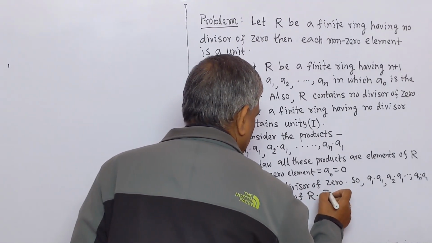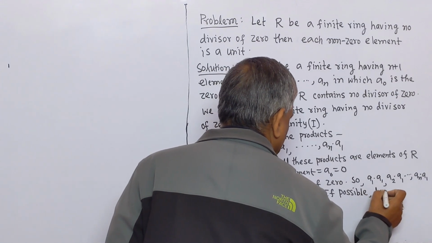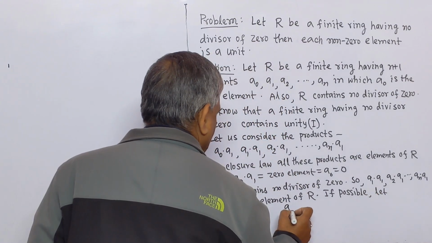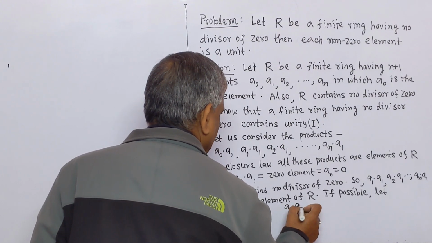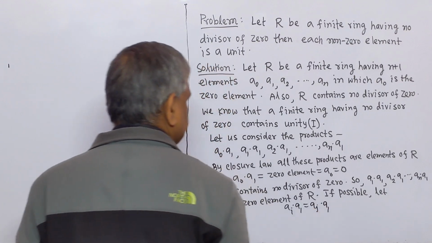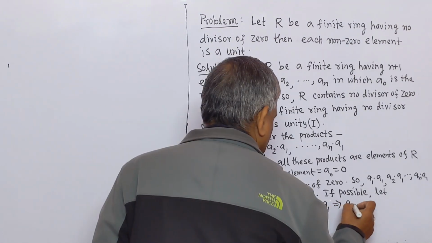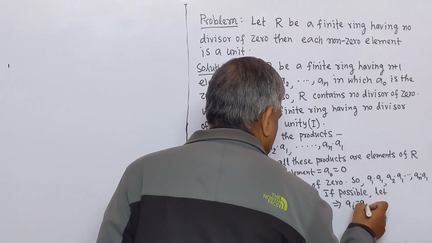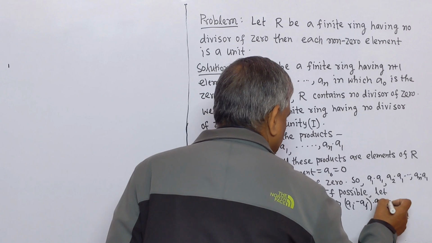If possible, let ai multiply a1 equal aj multiply a1. This implies that (ai minus aj) multiply a1 equals the zero element.